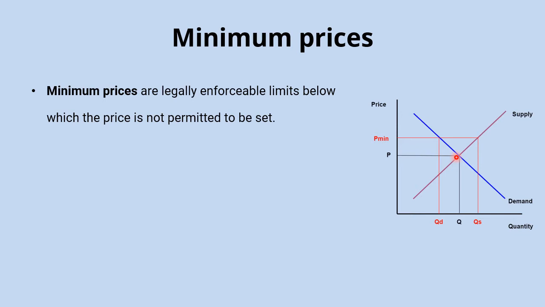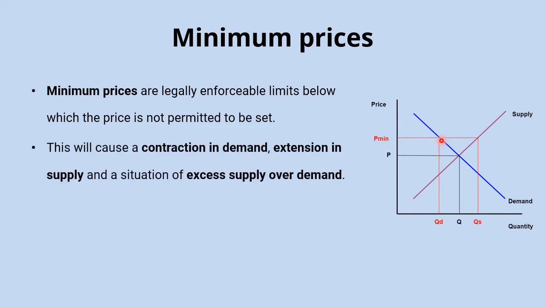So the minimum price, if you want it to have any effect, needs to go above the market equilibrium, and then it holds that price at that higher level. And the impact of that is that it causes a contraction in demand and an extension in supply.